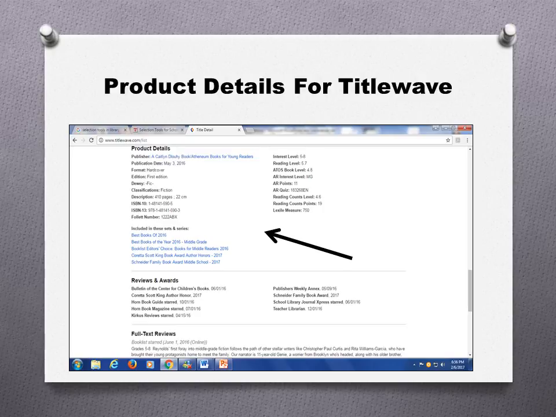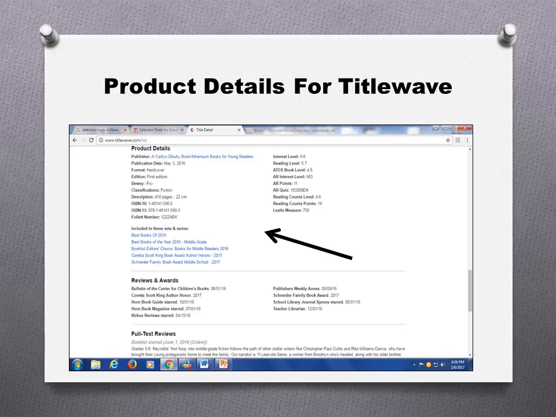This is the first example of the product detail for Tidal Wave. As you can see, it covers some of the things I talk about: the Lexile number, the AR specifics, also the reading counts specifics.